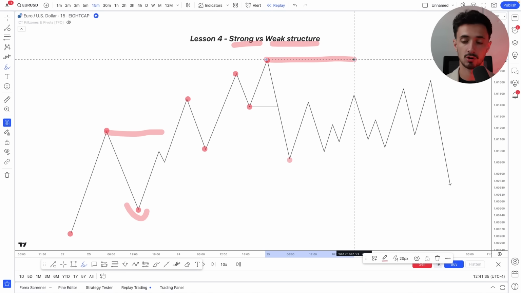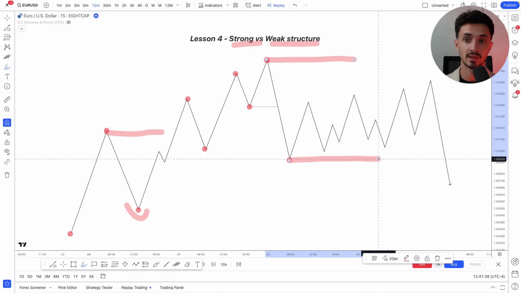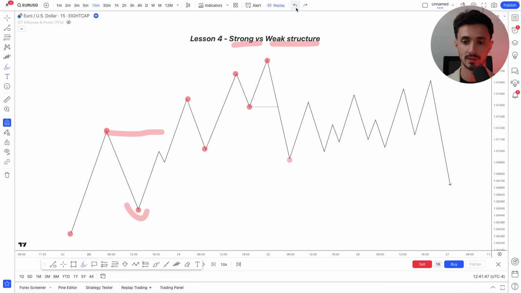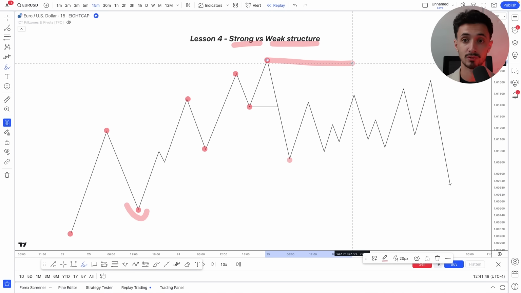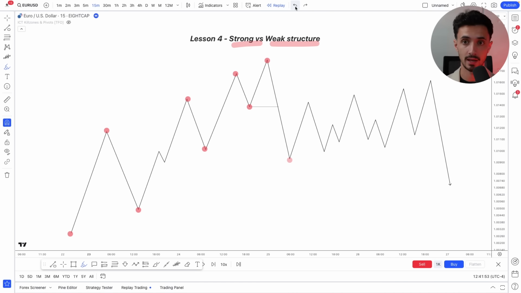There can't be two strongs. So this is already considered weak. It's like that saying, innocent until proven guilty. Well, this is weak until proven strong, right? This low right here would have to break this high to regain its status of being strong. So whilst it's weak, by definition, it becomes our target.